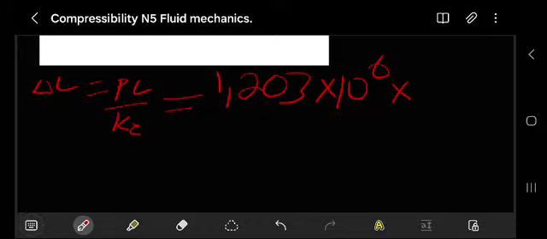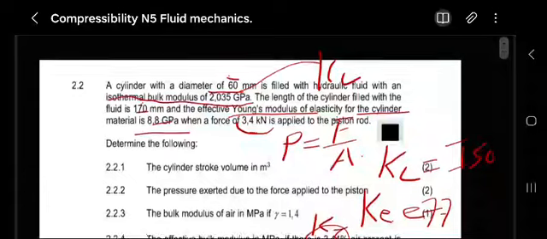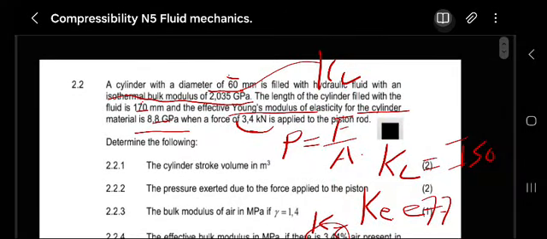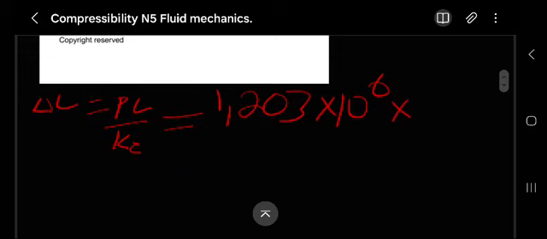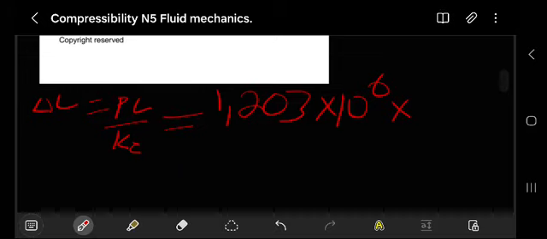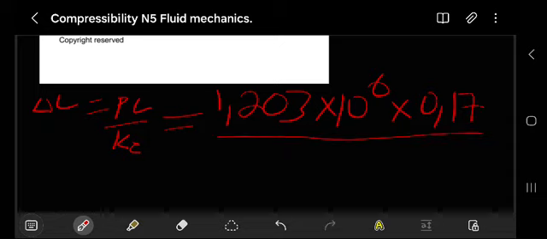The length we've been given is 107. Divide that by 1000 and it will be 0.17, then 0.17, then you divide this by KE.